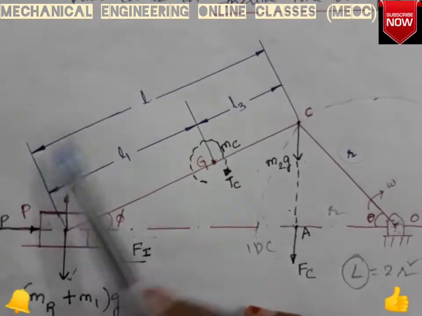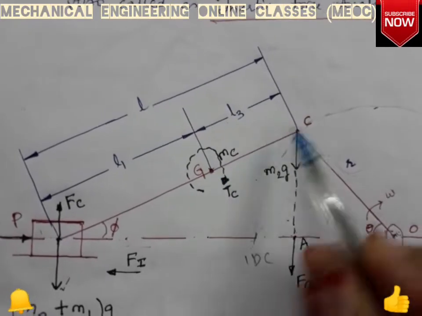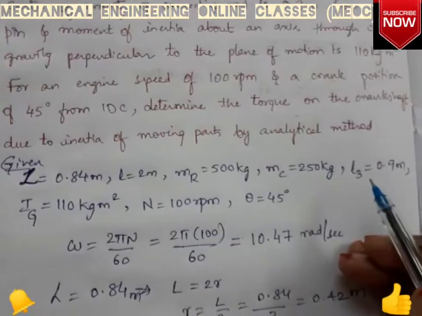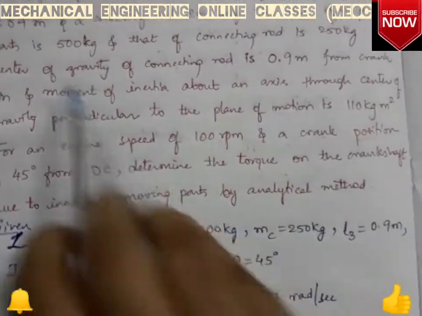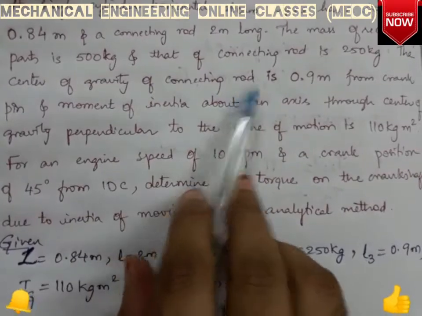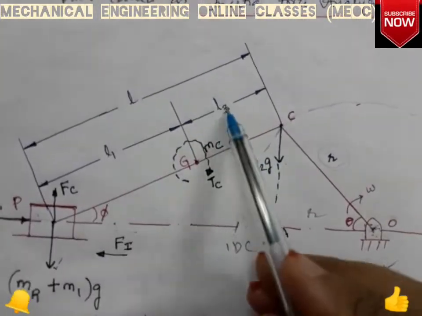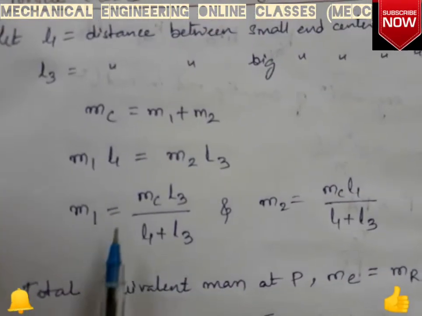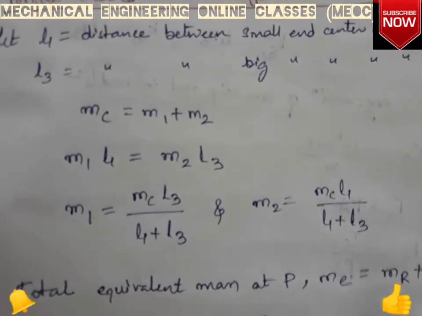Since the length of connecting rod is given and also the location of G from C is also given, that is L3, which we have noted down as L3 is equal to 0.9 meter. It is given the center of gravity of connecting rod is 0.9 from crank pin. So since we know L and L3, we can find L1 because L is equal to L1 plus L3. So we know all the terms in this. So we can find M1 and M2 from these relations.